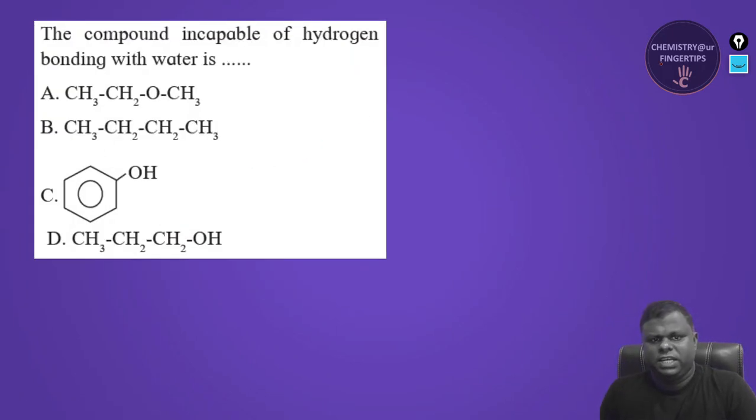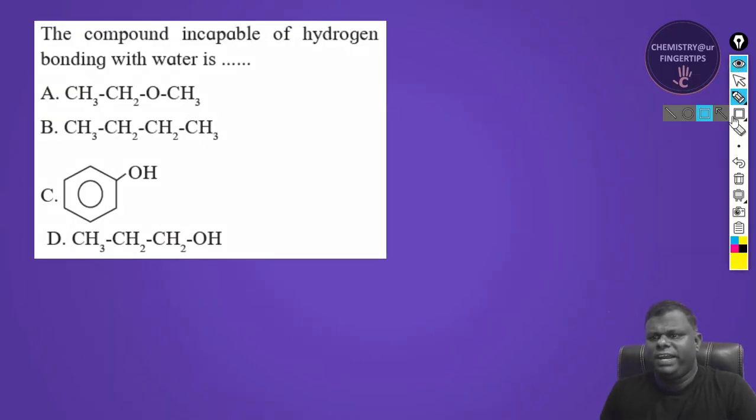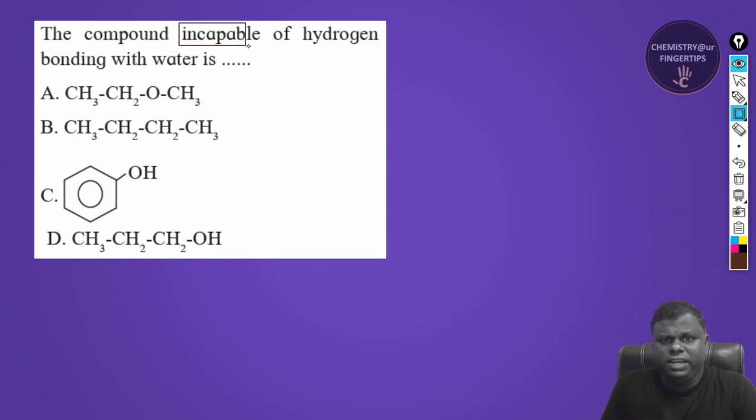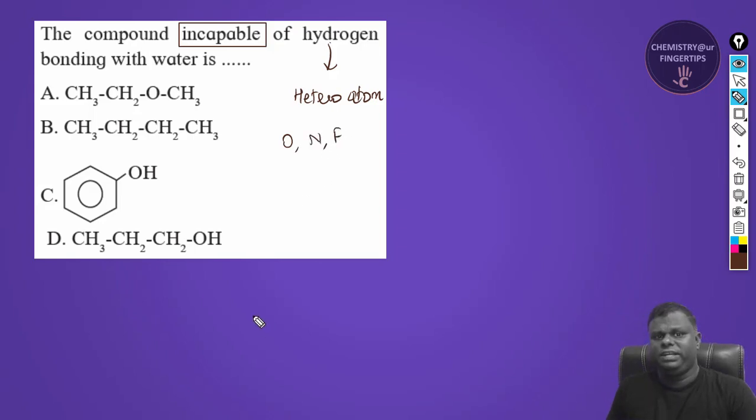Now the next part. The compound incapable of hydrogen bonding with water is what? Here they are asking something which relates to the incapability of hydrogen bonding, right? Hydrogen bonding is possible whenever there is a heteroatom which is more electronegative, mainly oxygen, then nitrogen, then fluorine and so on.